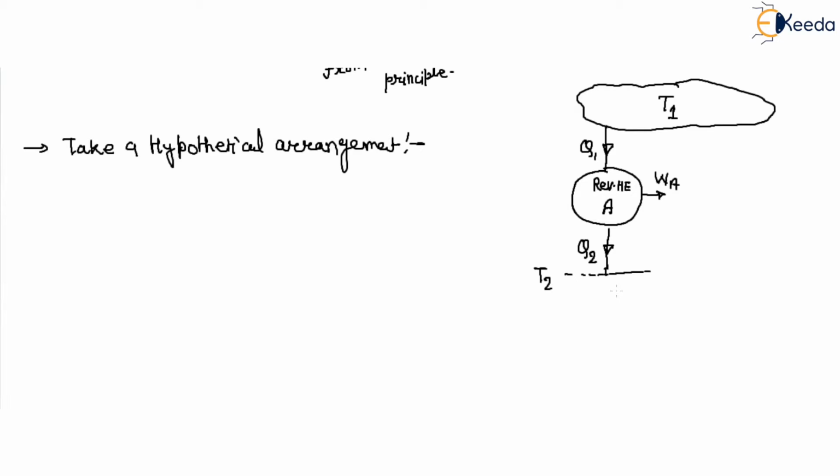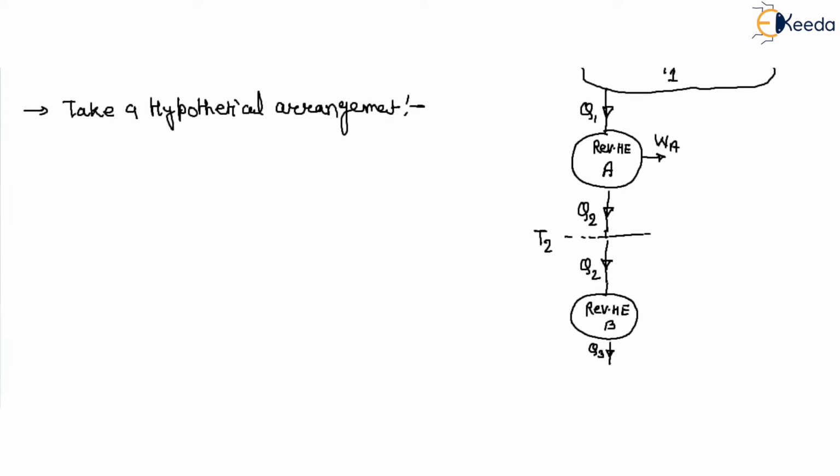Again we take the same heat Q2, and there is another reversible heat engine B, which rejects heat Q3 at a temperature, let's suppose T3, and produces work WB.